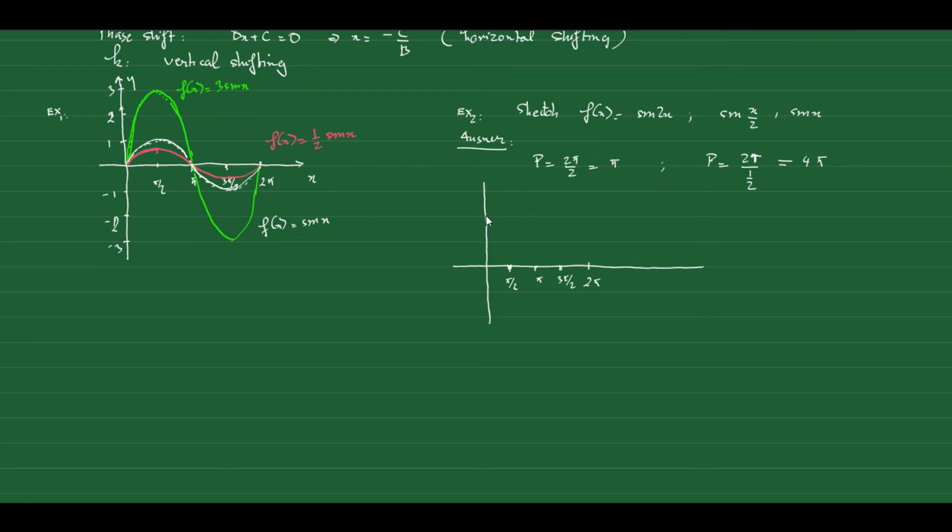Alright, so we start with a equal to 1, because the amplitude is 1 for all of this. So you can see it's going to be something like that. Then go all the way down here, and go up.